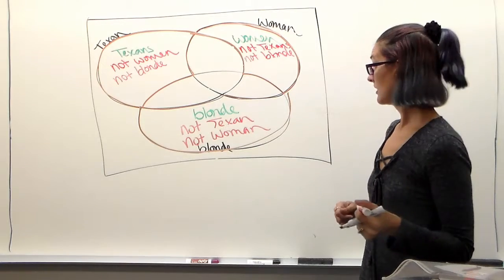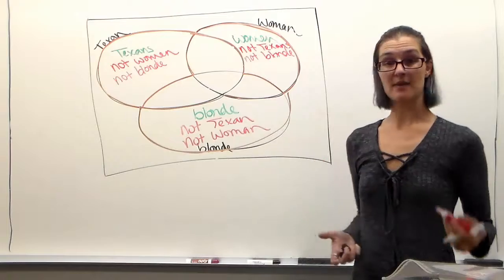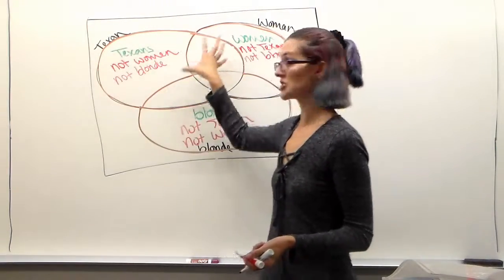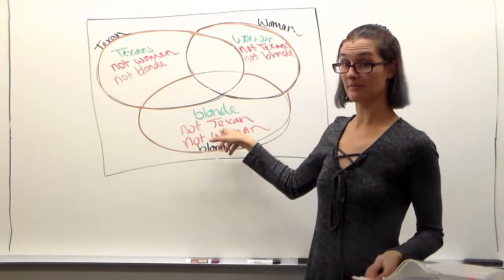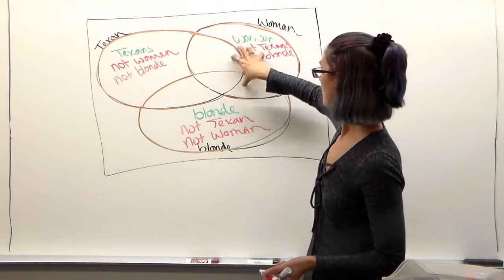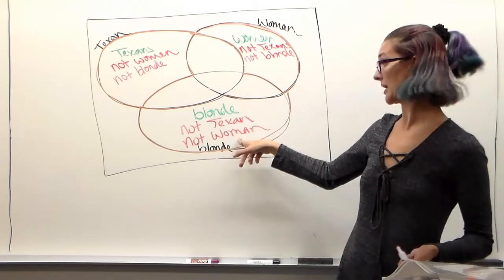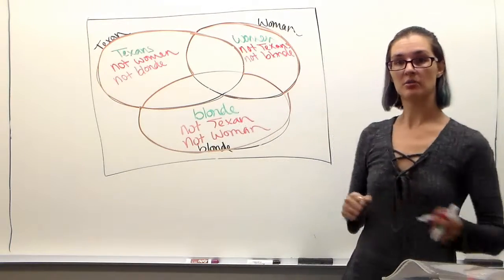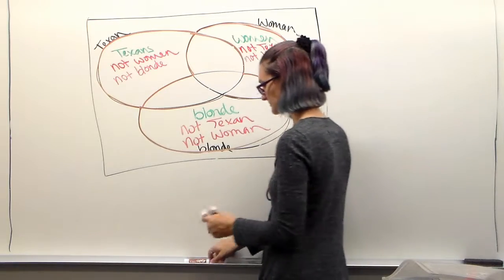Okay? So that's all the information we know. I can't go any farther or make any more assumptions about them. All I know is they're not inside the Texas circle. If all Texans are in here, then that's not one of them. All women are in this circle, so anyone in this place is not a woman. And if all blondes are in this circle, well, they're in that circle, so yeah, they're blonde. Good to go there.